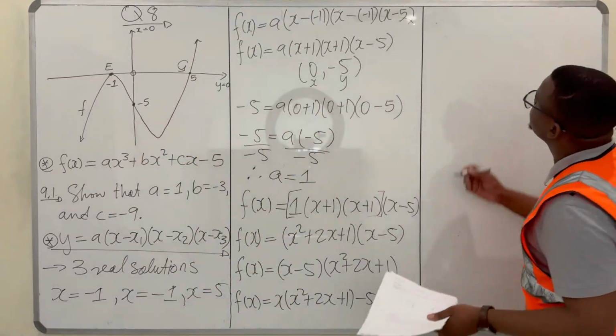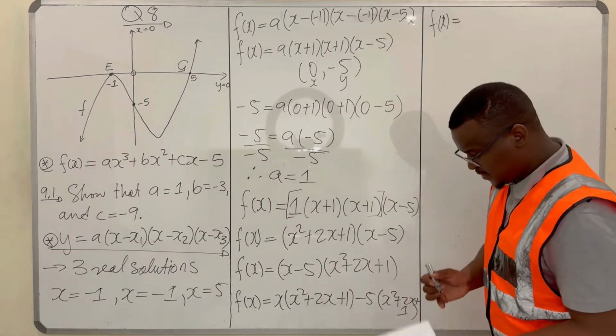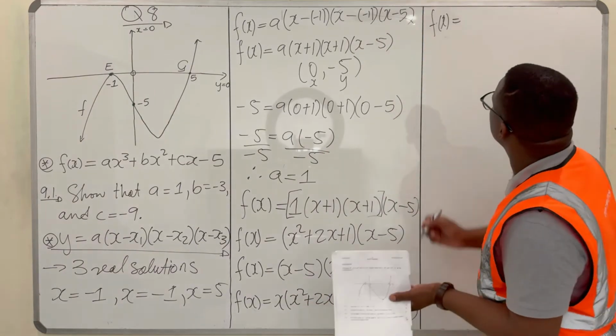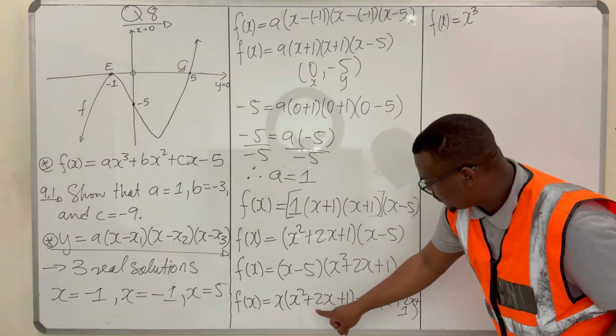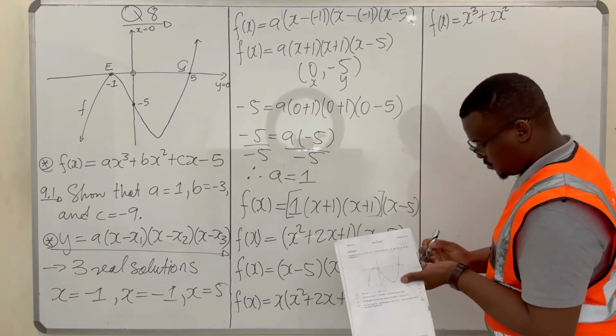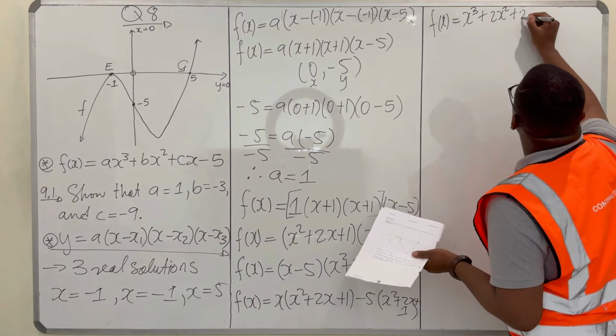Okay, so now let's find the answers to this. f of x: x times x squared is x cubed. x times 2x is 2x squared. x times 1 is plus x.